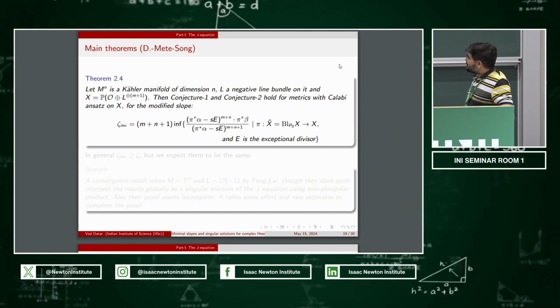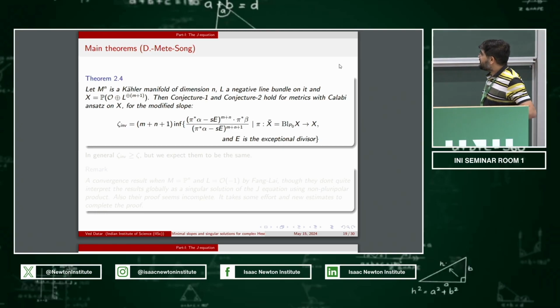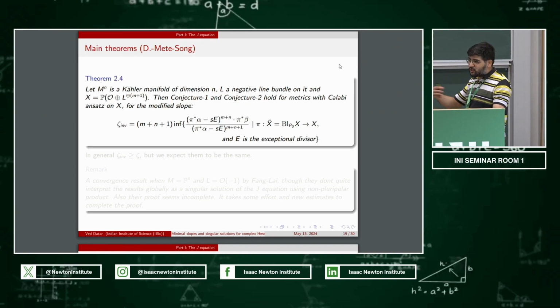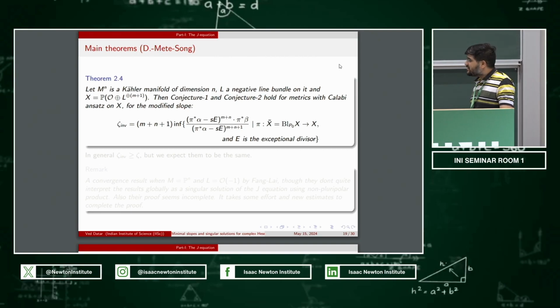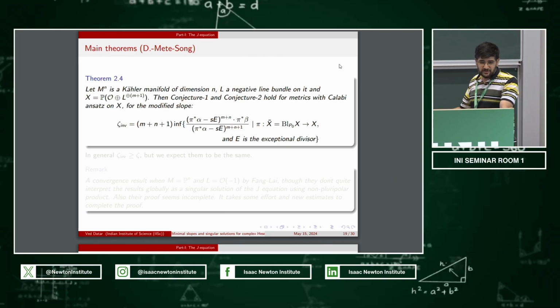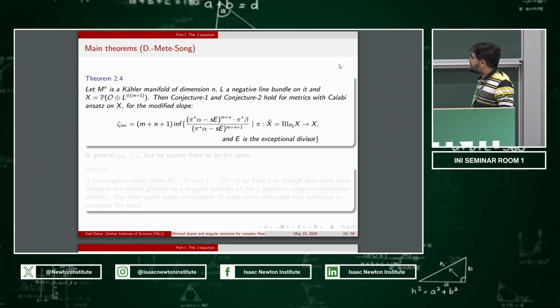But instead of the zeta that I defined, you actually have to use this slightly different slope, which I call zeta invariant, where you don't have to check all modifications, you only have to take modifications which are blow-ups along the zero section, right? So in the case of these examples with Calabi symmetry, it's enough to compute the slope for this restricted class of modifications.